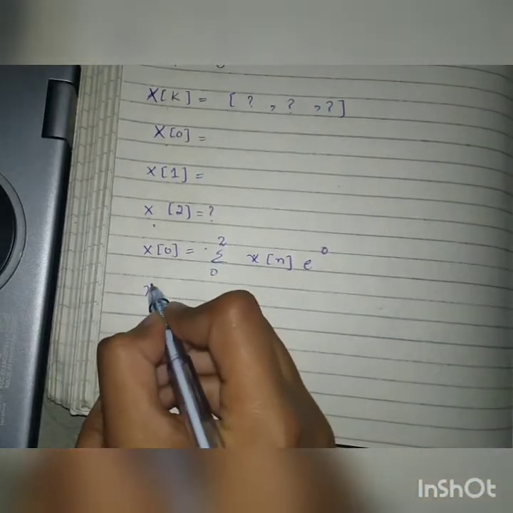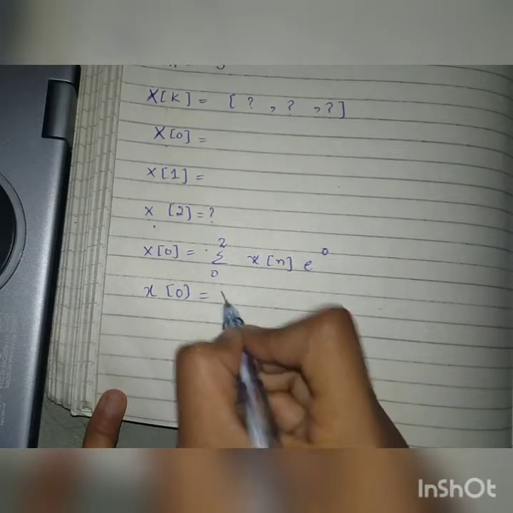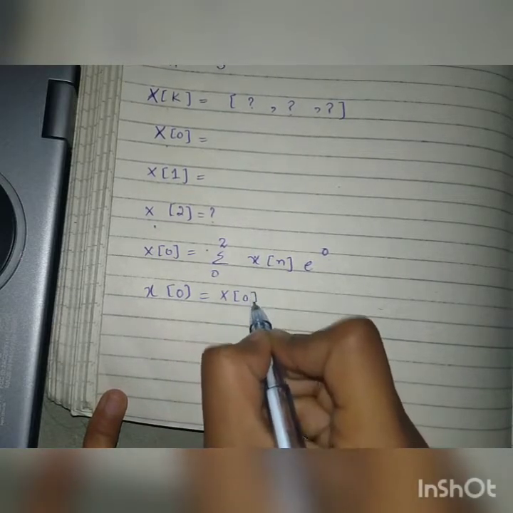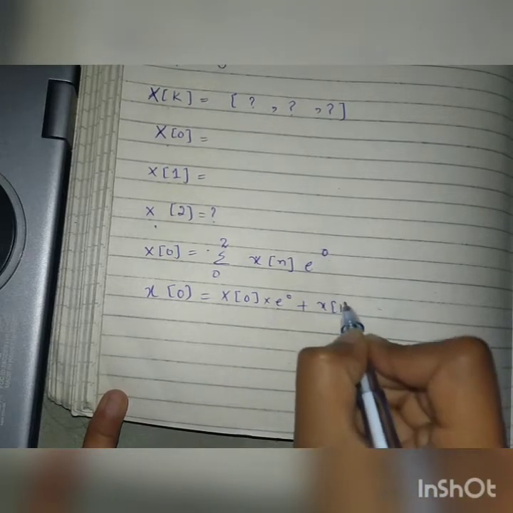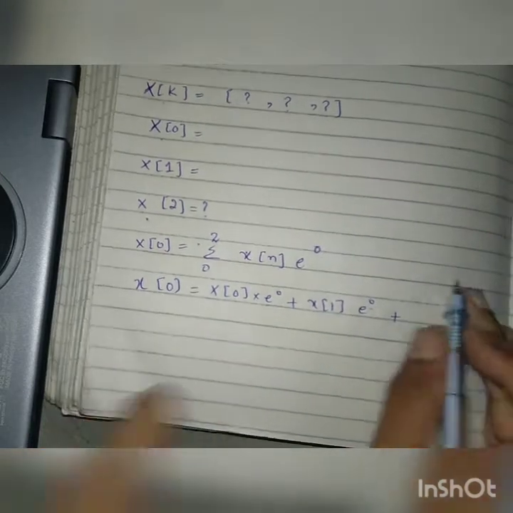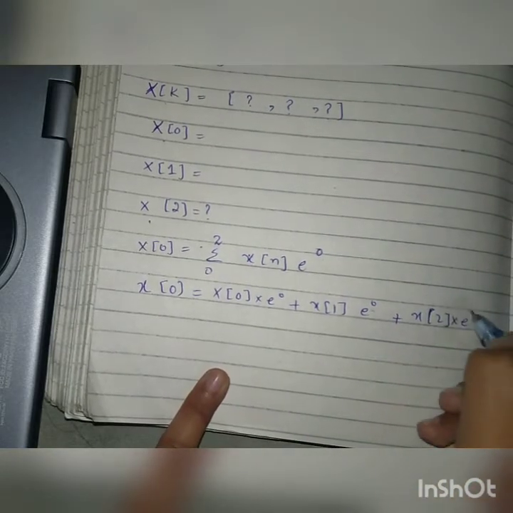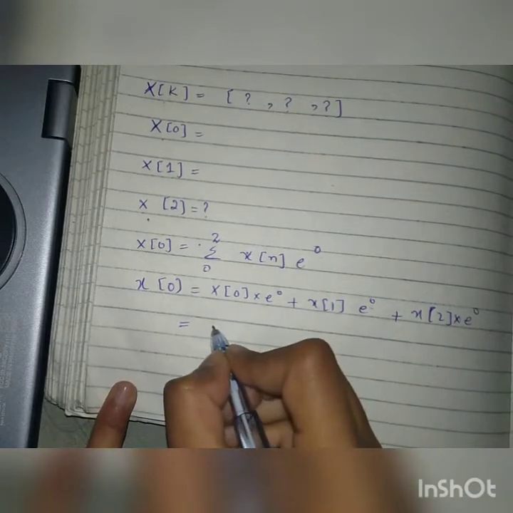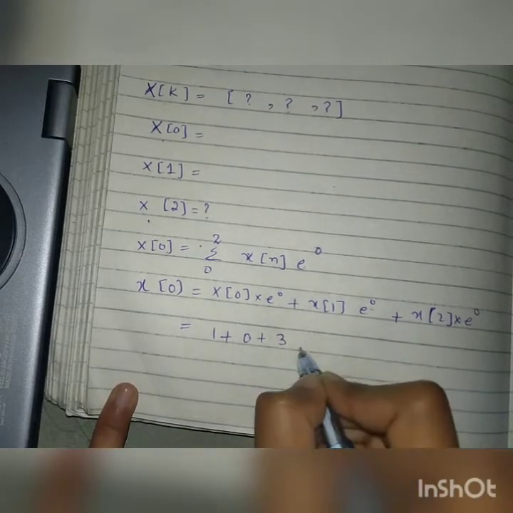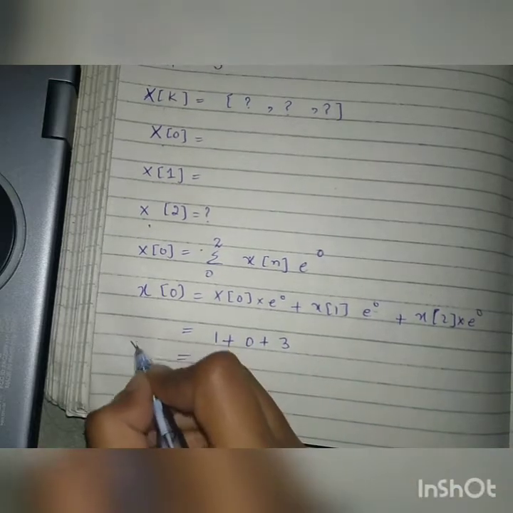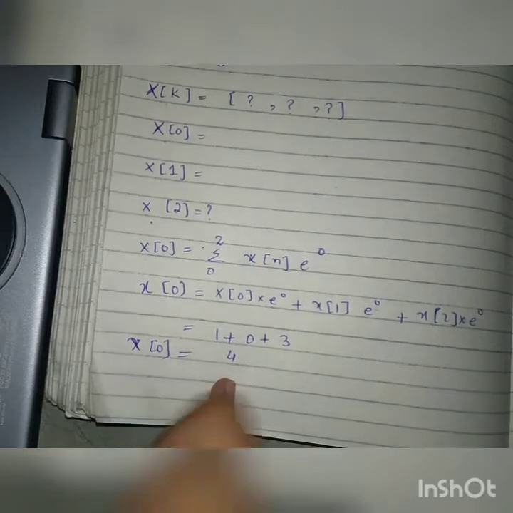So X of 0 would be x of 0 multiplied by e of 0 plus x of 1 multiplied by e of 0 plus x of 2 multiplied by e of 0, and this will become 1 plus 0 plus 3, and that is 4. So X of 0 is equal to 4.